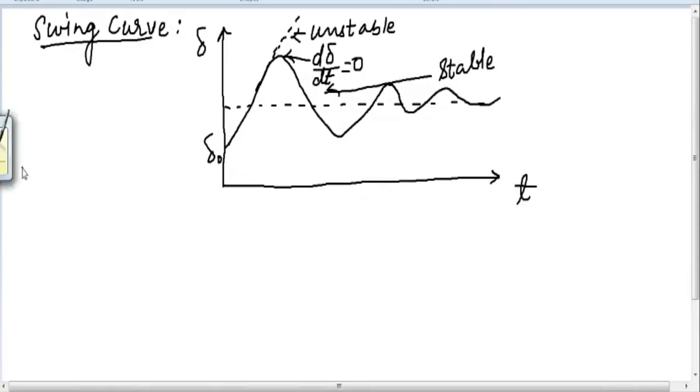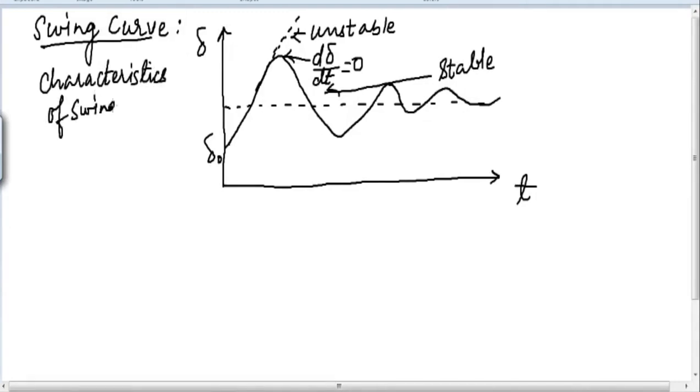What are the peculiarities of the swing curve? Let us understand the characteristics of the swing curve.